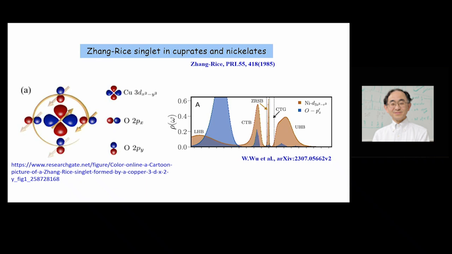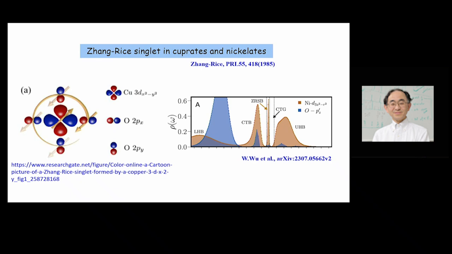But suppose, right, you introduce a hole, a doped hole, into the copper, but this hole will enter the oxygen usually, because this is a charge transfer insulator, right? So then your oxygen orbital gains some spins. But this spin is coupled to the d9 configuration of the copper site, and then this will form a singlet.